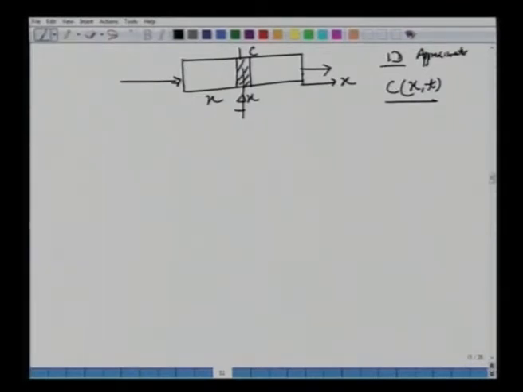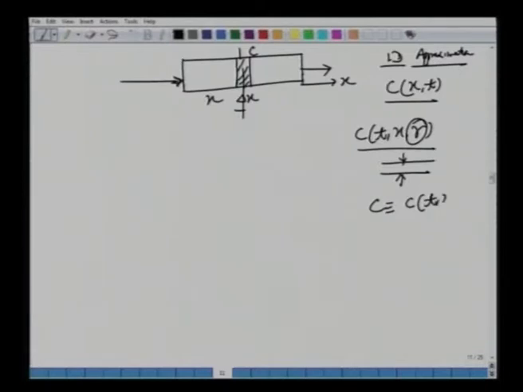In principle, this concentration c should be a function of time, x, as well as r, the radius. But we are assuming that this column is very thin, a very small column in comparison to the length or certain operating conditions. We are assuming that c is not a function of r. C is just a function of t and x. Okay.